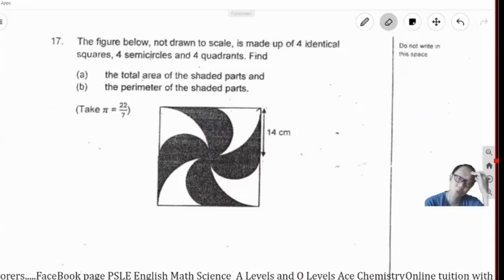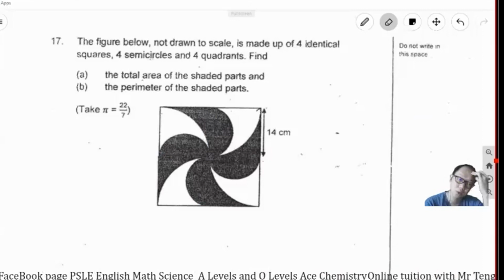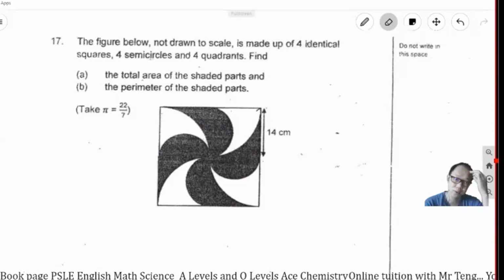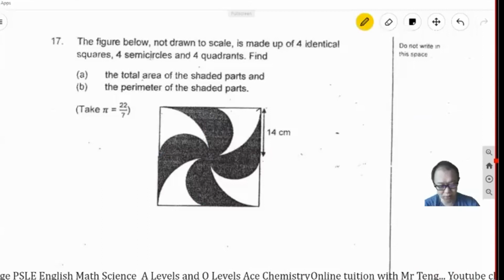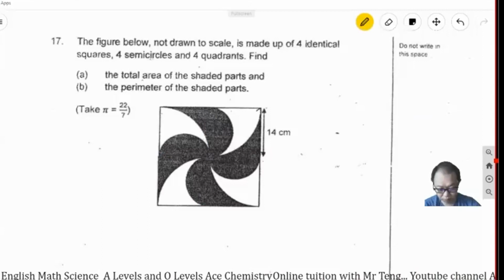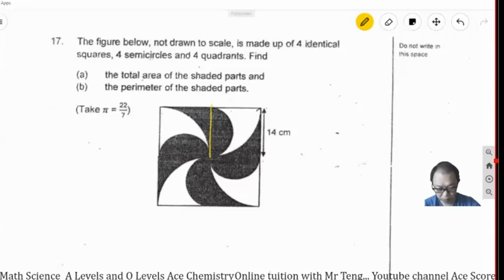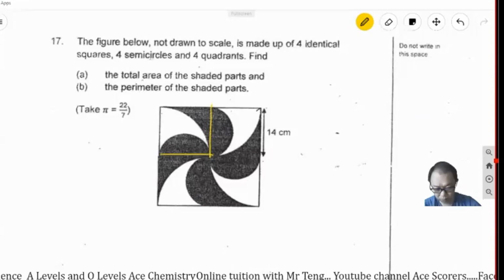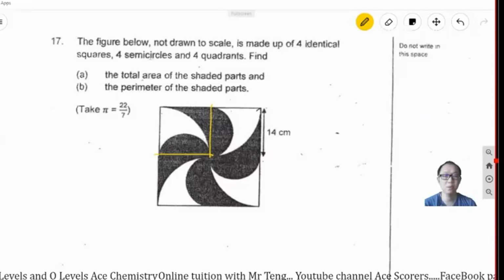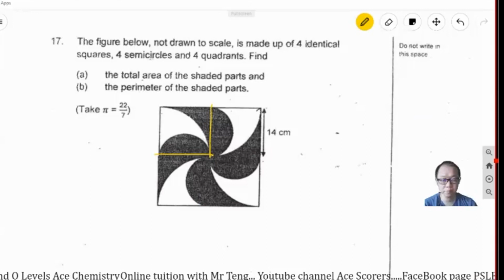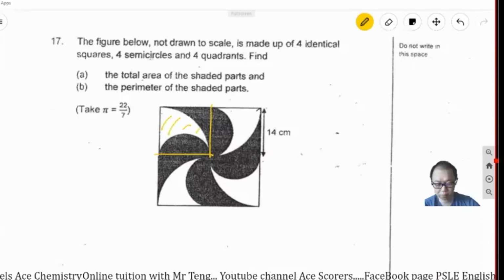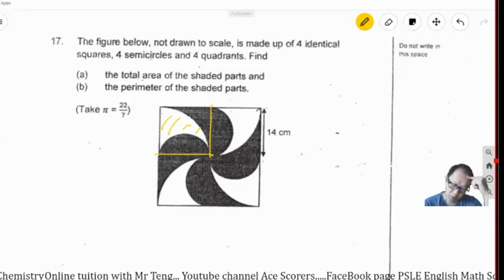So, I got a suggestion. Let's find a white color thing. Let's just find the one, this one, yellow color. How to find the yellow?